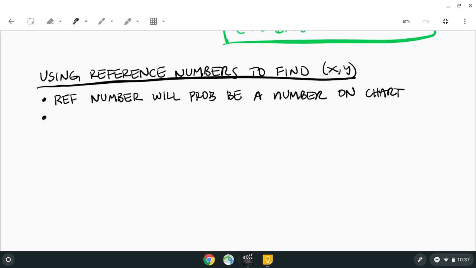The one thing you do want to pay attention to is, where does your terminal point land? Which quadrant?